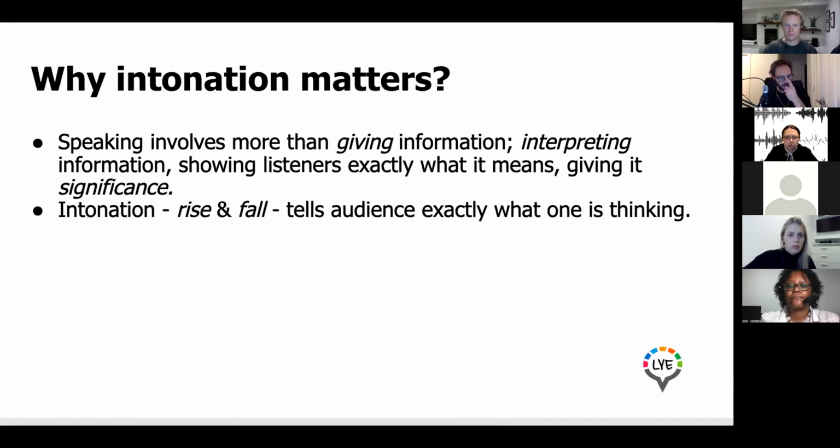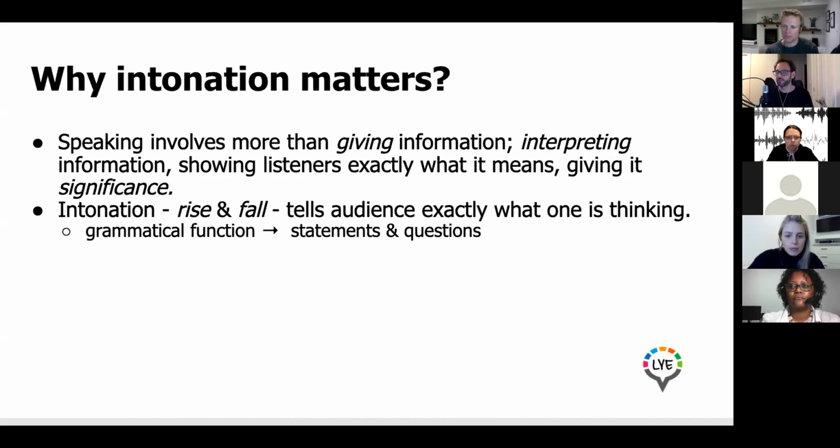I remember a Japanese student I had a while ago who struggled with intonation because he never knew exactly when it was his turn to jump into a conversation. I told him, you just have to pay attention to the intonation. When our intonation falls, that means you're giving away the floor so you can take over and say something.